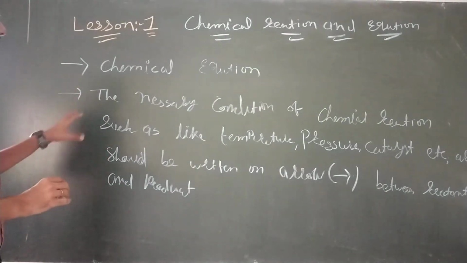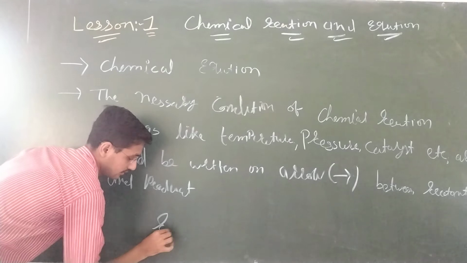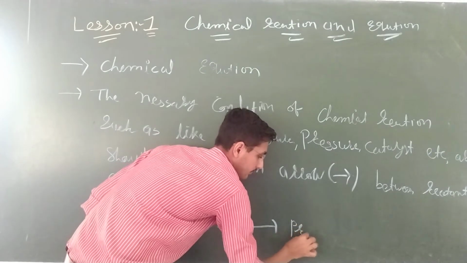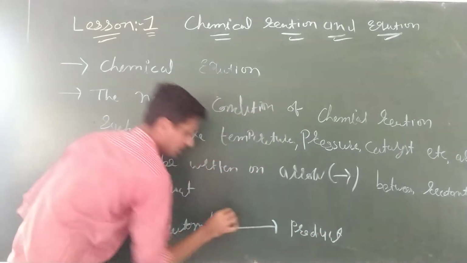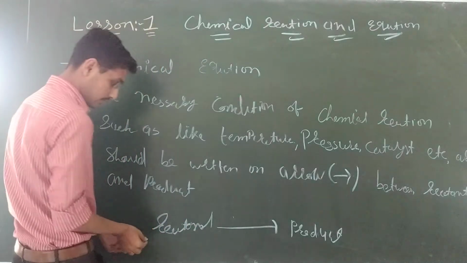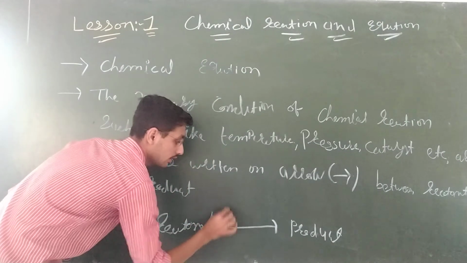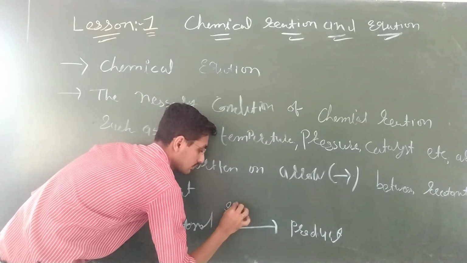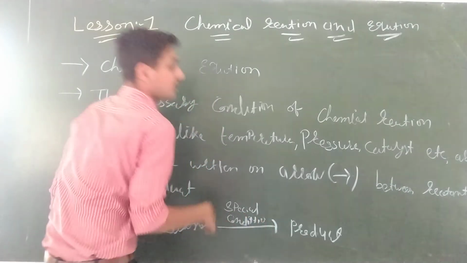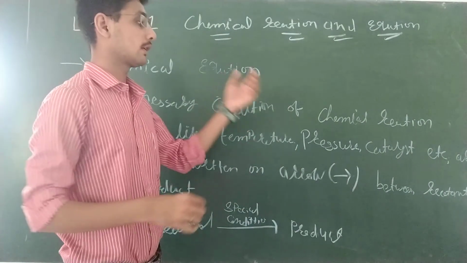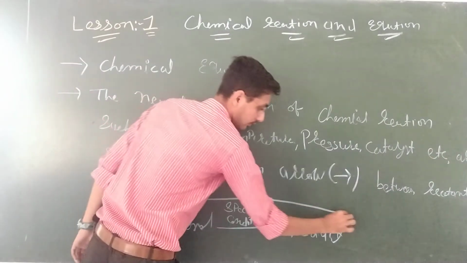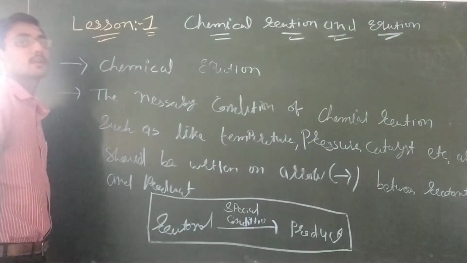Here reactant, arrow and product. Above the arrow, which is between the reactant and product, we can write some special condition or a necessary condition like temperature, pressure, catalyst, etc. So basically this is the general form of any chemical reaction.